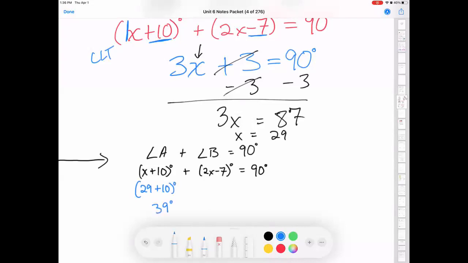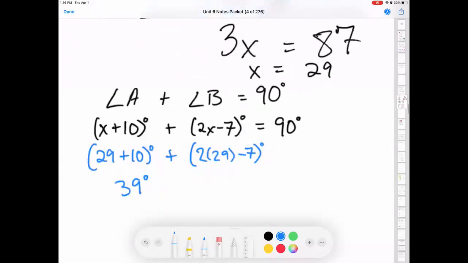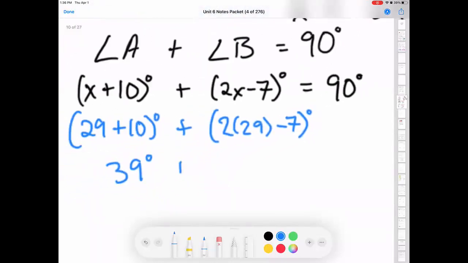For angle B, we have 2 times 29 minus 7. 2 times 29 gives us 58, minus 7, and 58 minus 7 gives us a total of 51 degrees.